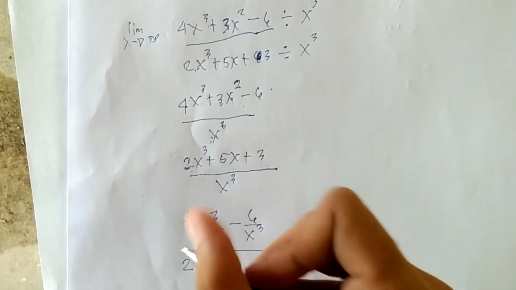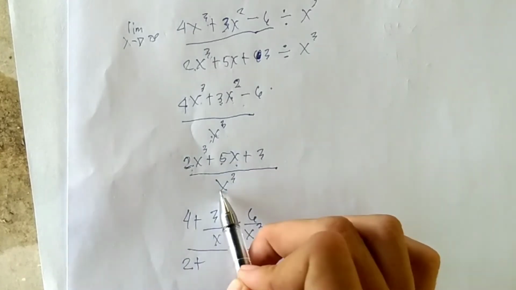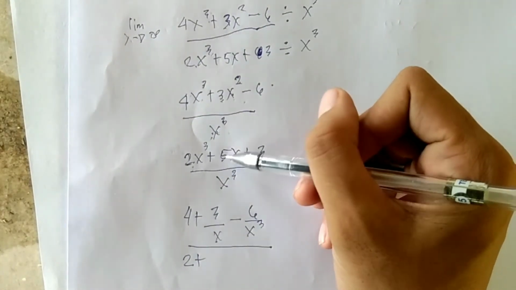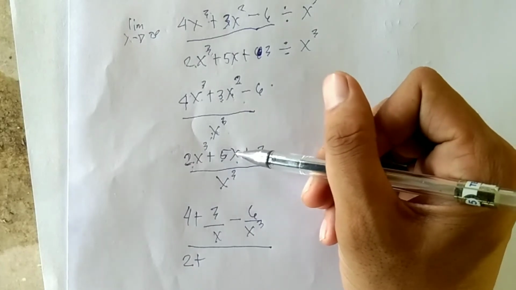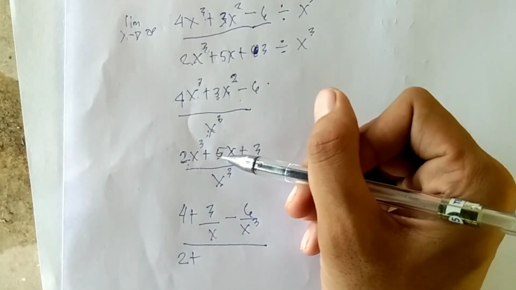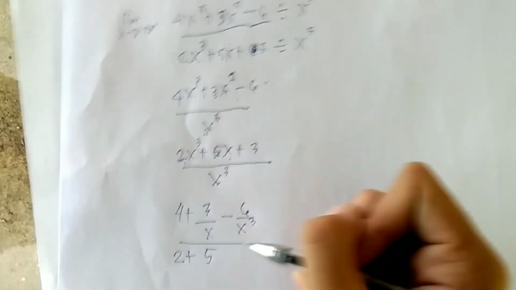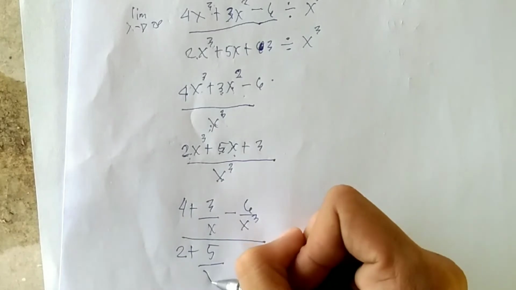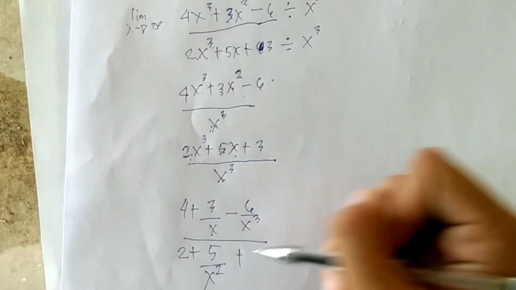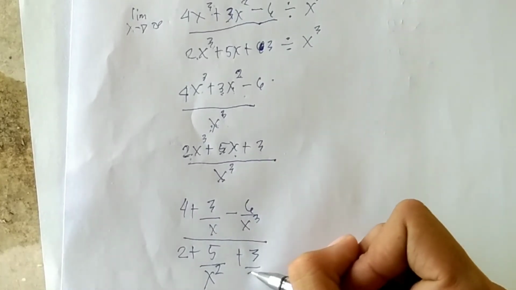Plus 5x divided by x cubed: the x here cancels, so what remains is 5 all over x squared. Then plus 3 all over x cubed.